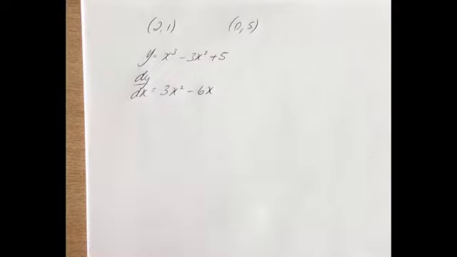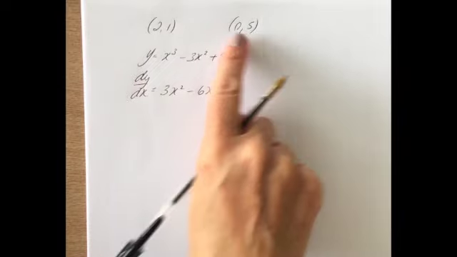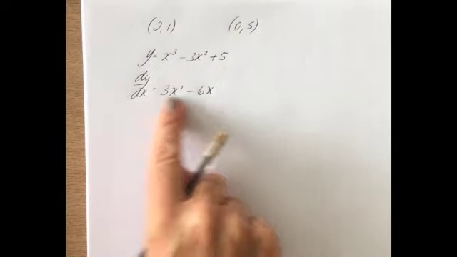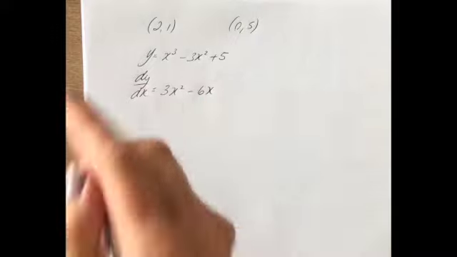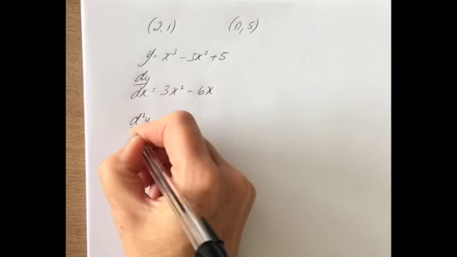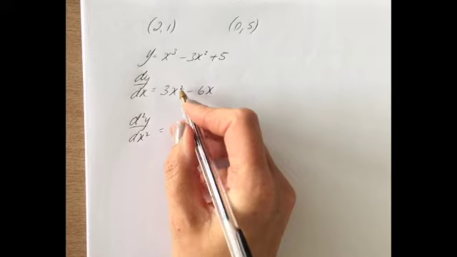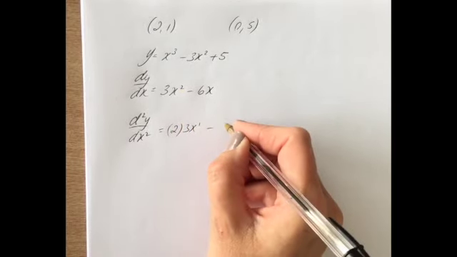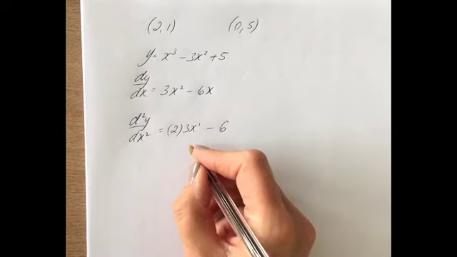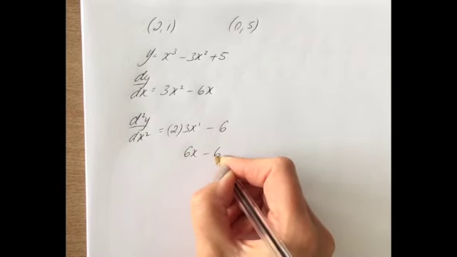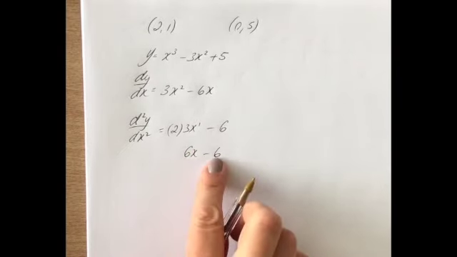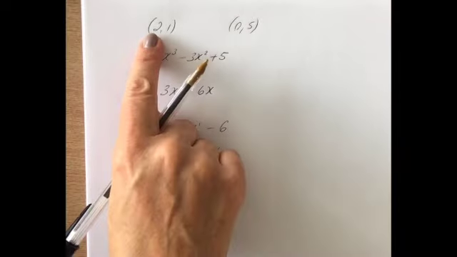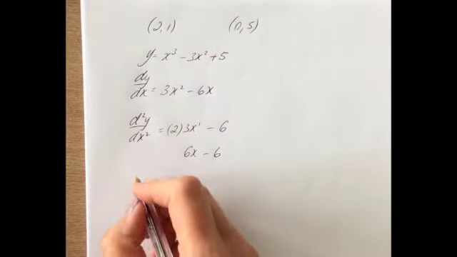Okay, so this is the information I've figured out already. There's my two turning points. That was my original function. That was what I got when I first differentiated, and now I'm going to differentiate again. Bring down the power, take 1 away, and minus 6x differentiates to minus 6. So that's 6x minus 6. Now we haven't got a value yet, so what we must do now is use our information from our points.